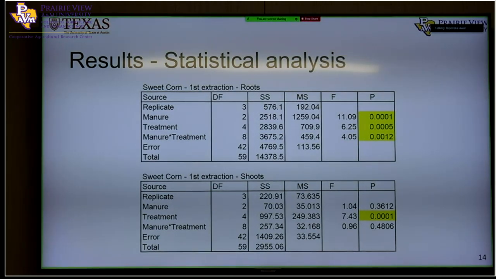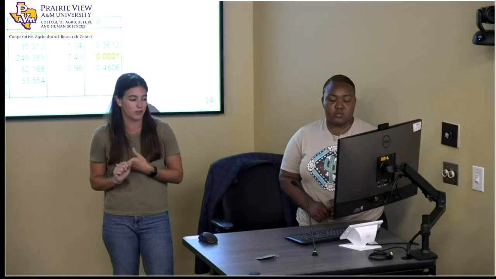So for sweet corn, the first extract, just looking at the roots, the different types of manure were significantly different, the different treatments were significantly different, and there was a combination of manure and treatment that was statistically significant. We're only going to focus on the manure and the treatment following this presentation. For the shoots, only the treatment was significant, as shown by the higher p-values for manure and the combination.